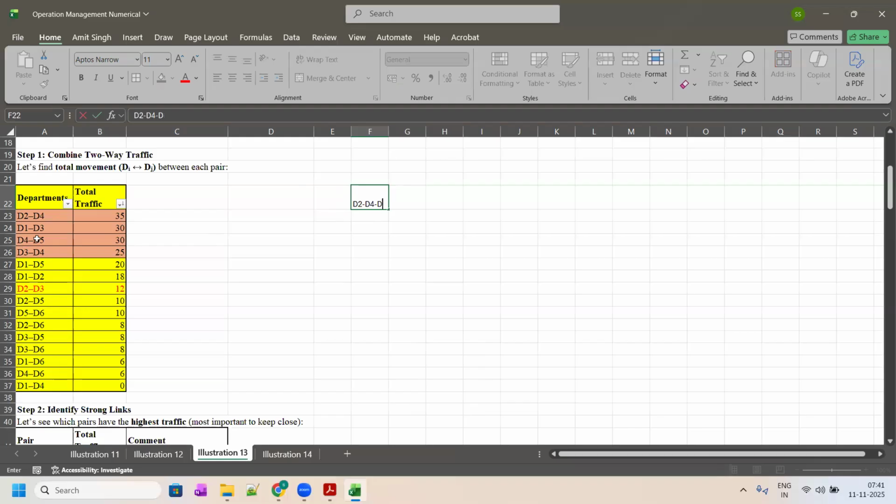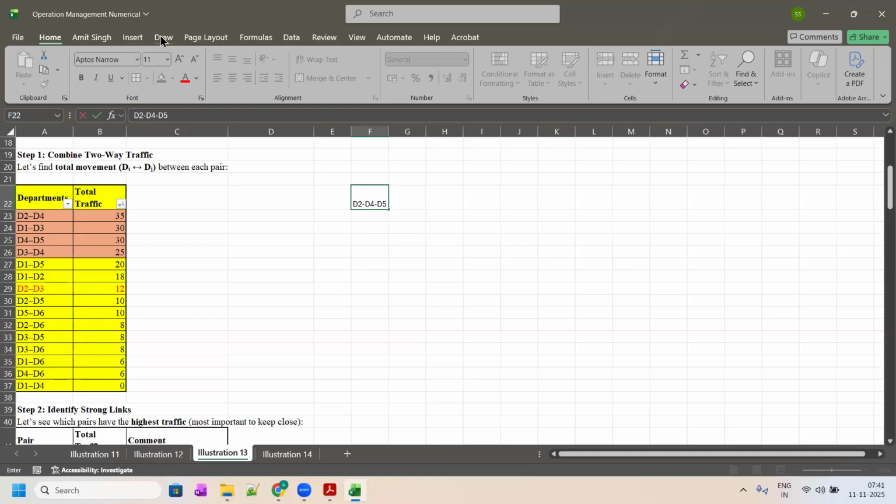From D4 I can go to D5. From D5 anything connected? From D5, D1 is connected, so I can bring D1 down. From D1 you have D2 and D4, so from D5 I can bring D2. You are getting it now?